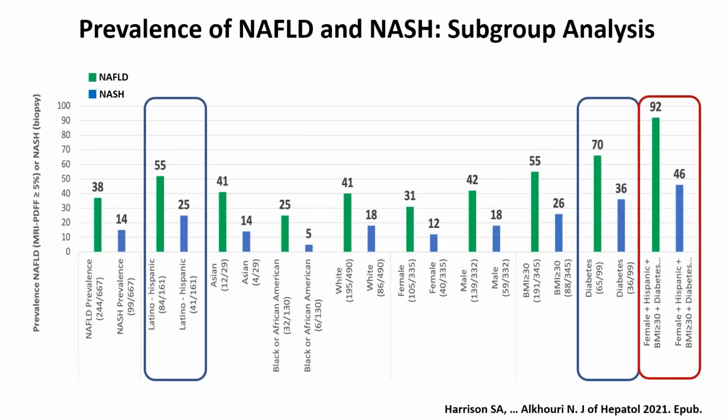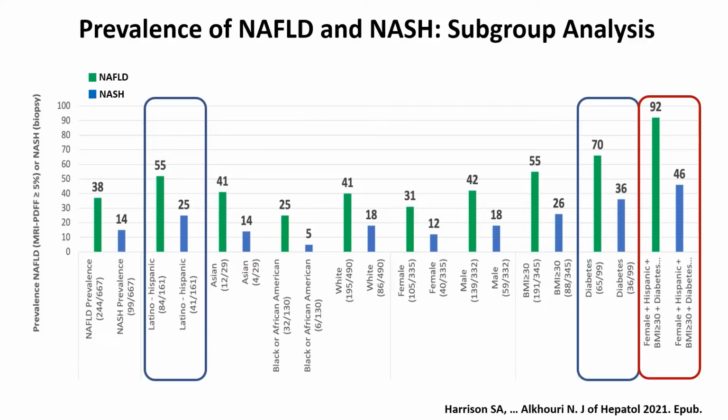And then when we looked at patients with several risk factors, including Hispanic ethnicity, diabetes, and obesity, it was almost a given that they're going to have NAFLD at 92%, and then almost half the patients had evidence of NASH. So again, definitely the presence of NAFLD and NASH are higher in certain at-risk groups, such as Latino ethnicity and patients with type 2 diabetes.